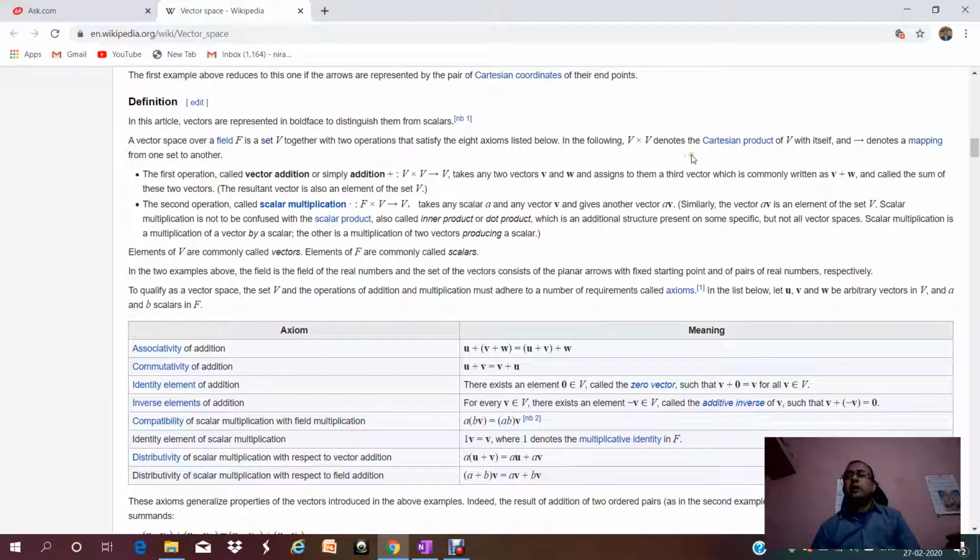It is a mapping from V cross V to the field F. V is the collection of the vectors and F is the collection of scalars, which is a field. So the mapping from V cross V to the field F is denoted the operation of a vector space, or it forms a vector space.